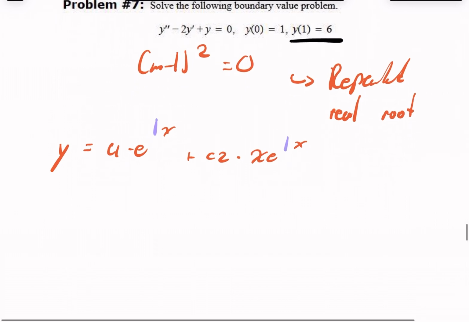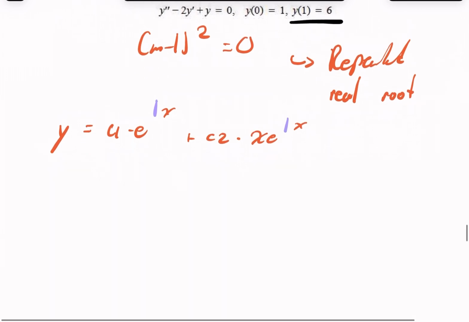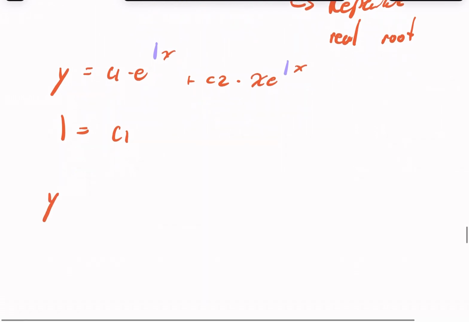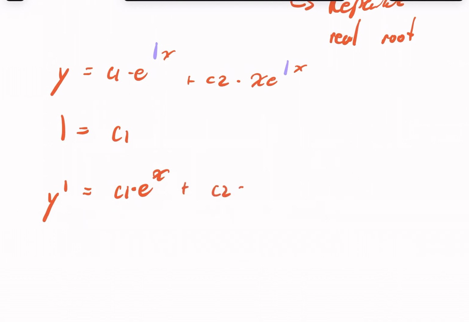Okay? So, with that, we know that 1 equals c1. That's literally it. As soon as you plug it in. And we take the derivative, equals c1 times e to the x plus c2 times e to the x plus c2 times x e to the x.